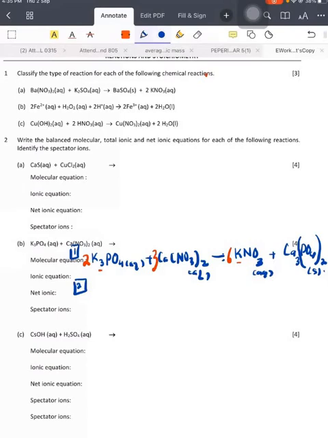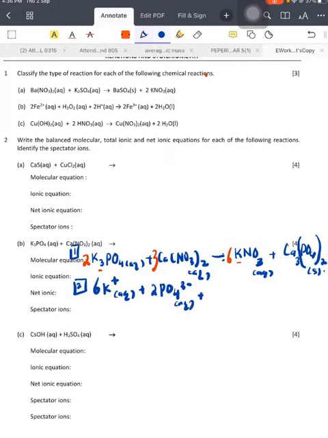Sebab soalan-soalan macam ni lah selalu student dia akan salah dekat number of mole yang mana dia akan menyebabkan tak dapat markah. So for the K+, berapa mole sepatutnya kita kena tulis? Tengok betul-betul. K3. 6. Okay. So K3 tu, dia akan jadi 6 mole. 6 mole of K plus campur dengan PO4 3 minus? 2. Okay.